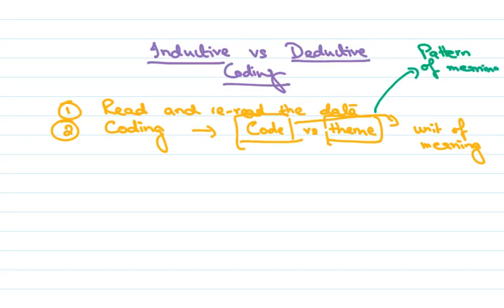When we consider an example, I hope that this will become clearer, but let's just stick to this for now. So a code is a basic unit of meaning. A lot of researchers encourage that you do line by line coding, which means that you code each and every line.